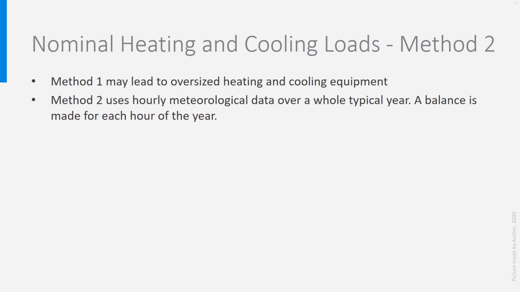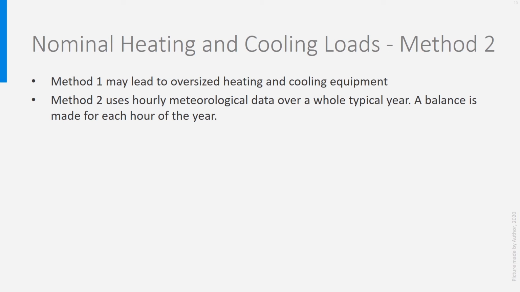This first method is very useful and easy as it allows you to make very quick calculations based on what you intuitively know from your own climate. However, it may lead to oversizing the heating and cooling equipment, which may be mandatory in the building code of your country, but it is good to be aware of this possible oversizing.